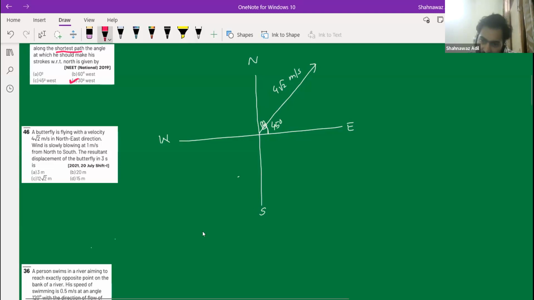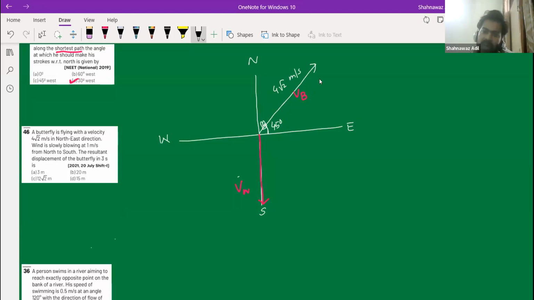So this is the wind, this is the velocity of the wind, and this is the velocity of the butterfly. But we want to calculate the displacement. So how do we calculate it? First we have to find the resultant velocity, and from that we can find the displacement, right?